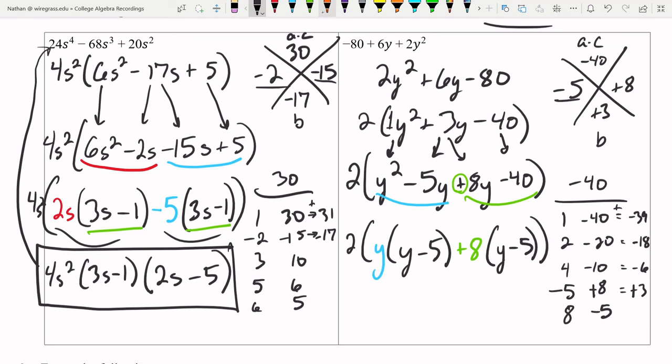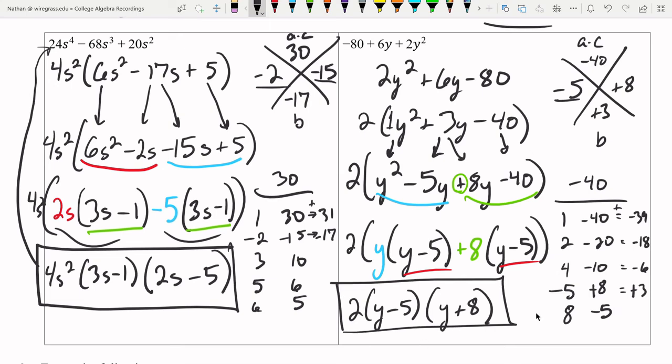And you can see I have the same thing here. So I can take out the y minus 5. That leaves me with y plus 8. And I'm done. Now, this actually had a shortcut method because a equaled 1.